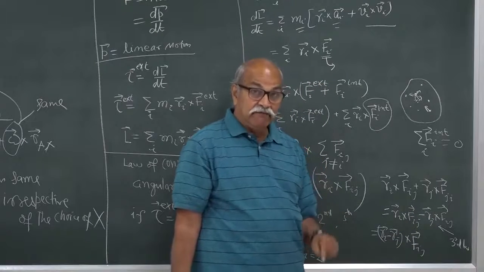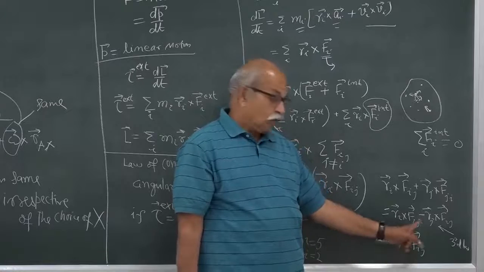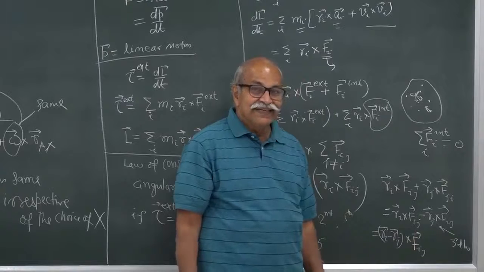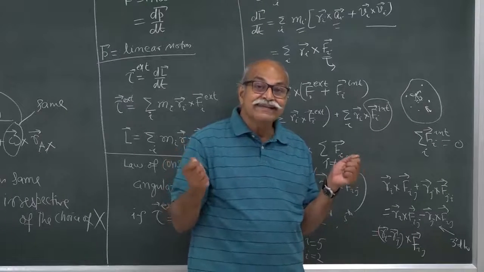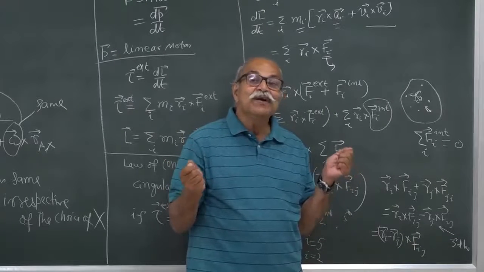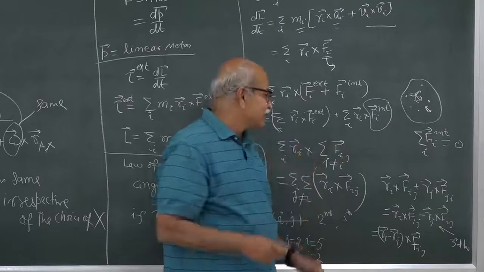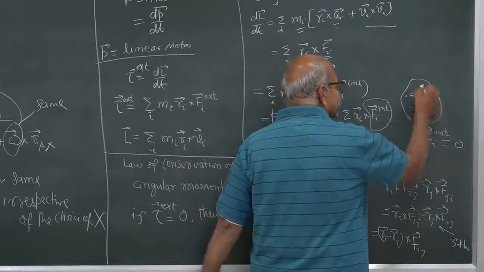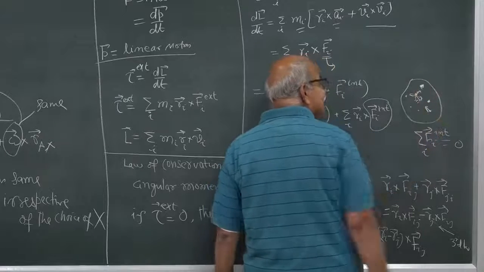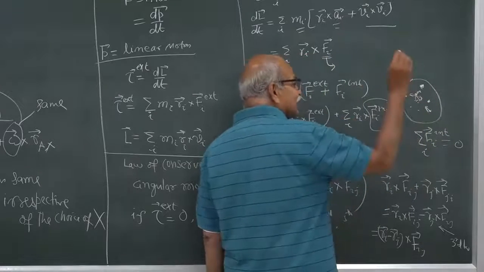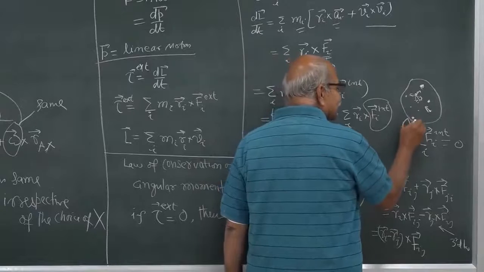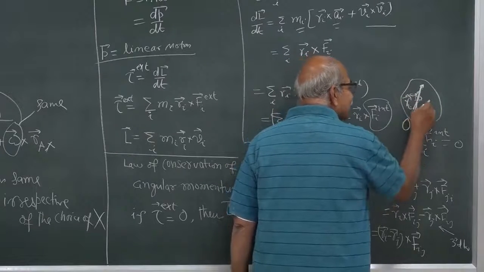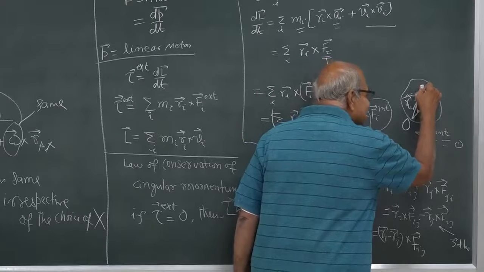Now, if this force on the ith particle by the jth particle is along the direction joining the two particles, another restriction. So, I have a particle here and a particle here, and they are exerting forces on each other, equal in magnitude and opposite in direction. Somewhere the origin is here, this is my Ri vector, this is my Rj vector, and then what is this vector?